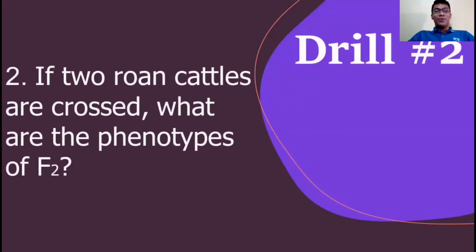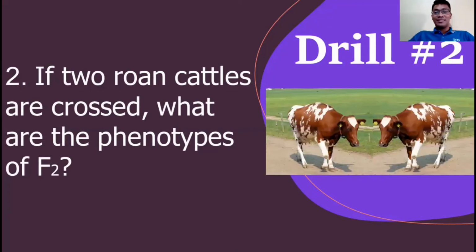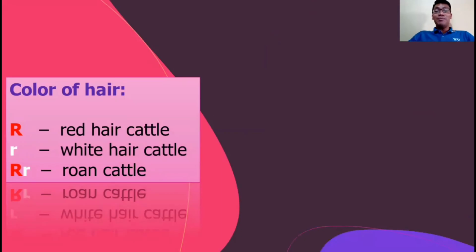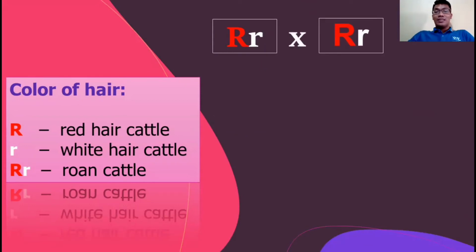Let's continue answering drill number 2. If roan cattle are crossed, what are the phenotypes of F2? So, dalawang roan naman ang i-observe or analyze natin dito. Same legends or symbols. And we know that roan is represented by a capital R and a small r crossed with another one.